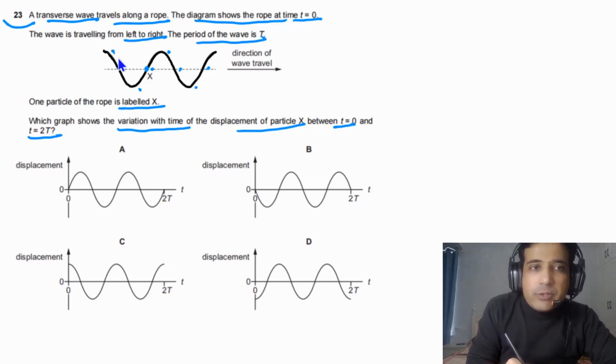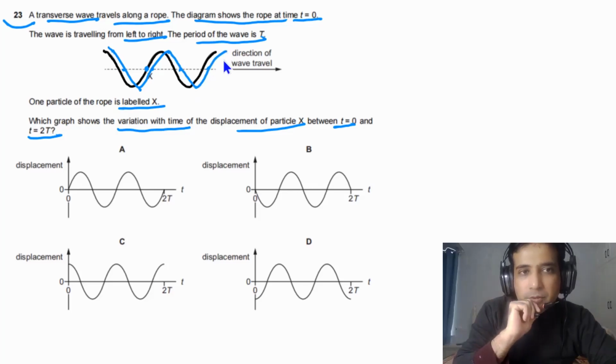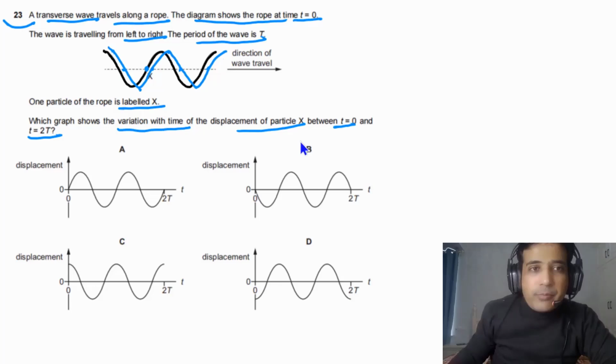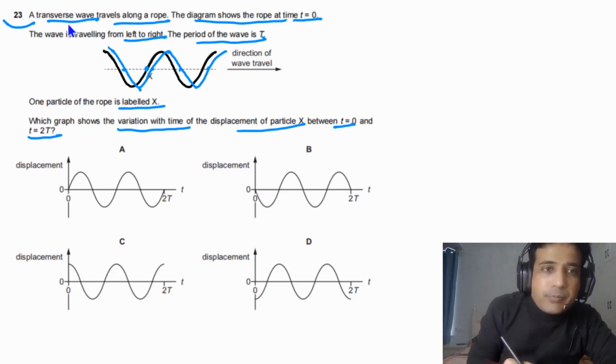Now we can connect these points, so we can see where the wave will be at the next instant of time. Now you can see from here, this particle at point X is moving down because it has to follow the wave, so this will go down.